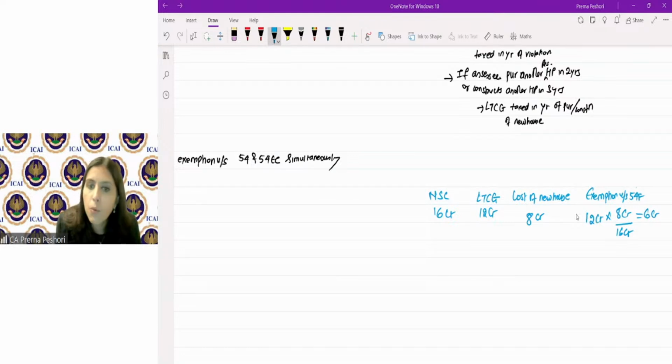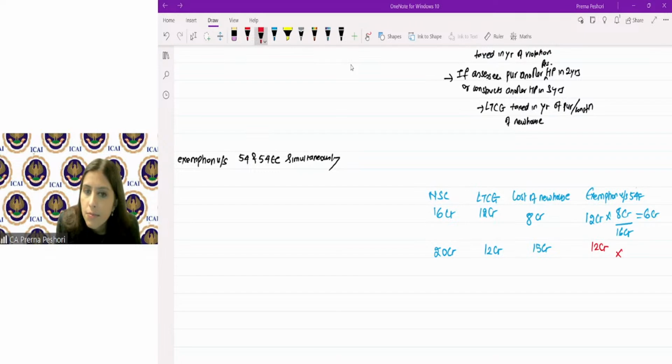Fine. Now what if, let's say, the net sale consideration is 20 CR, the LTCG is 12 CR, and the cost of new house is 15 CR. Then in that case, this is going to be restricted. So my 12 CR is LTCG into, what is the amount that I have to consider over here? Yes, students?